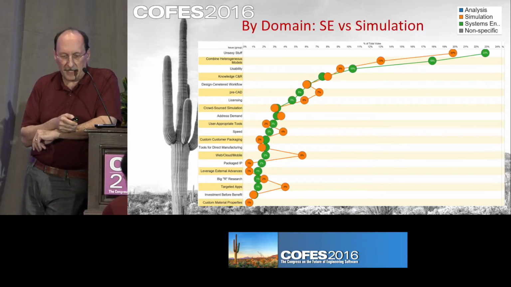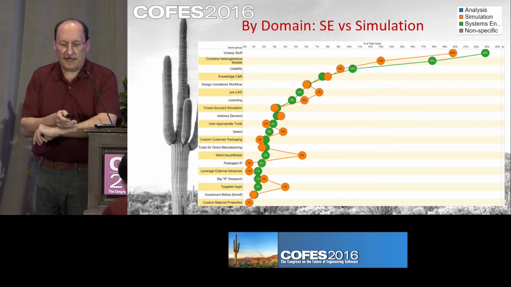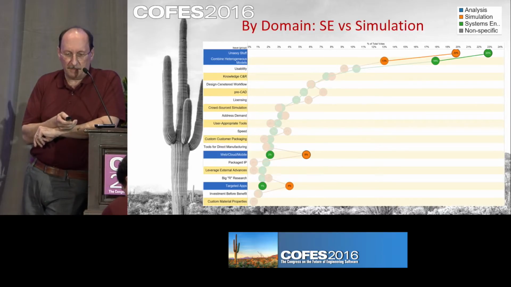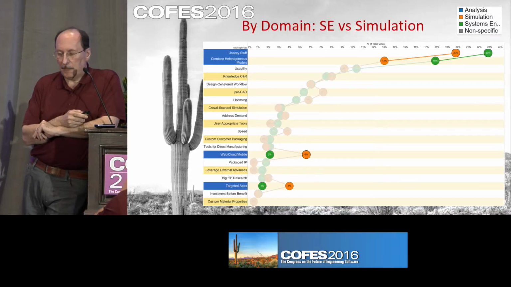Now, if we compare that to the people from the simulation domain, they're fairly similar, except in a few specific areas where in the simulation domain, there's a much greater emphasis on those top 2, and on the systems engineering, and on the web cloud mobile and targeted apps, much more interesting to the folks in the simulation domain.